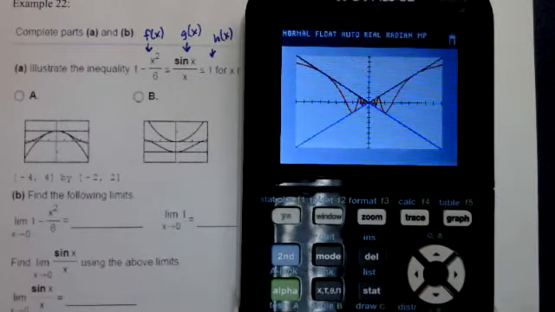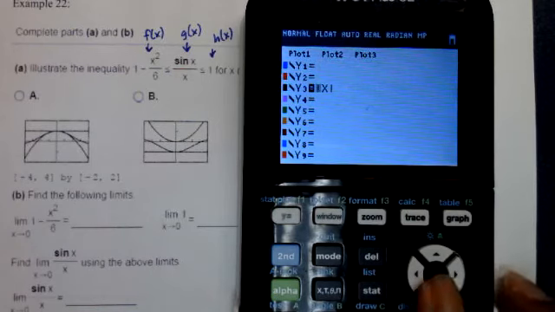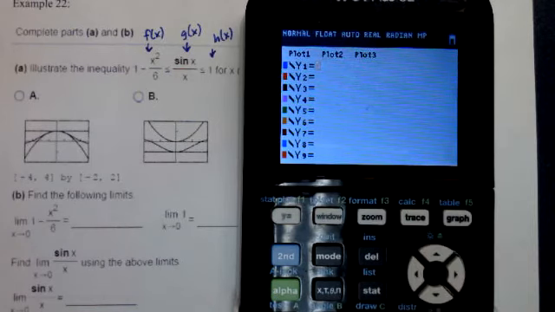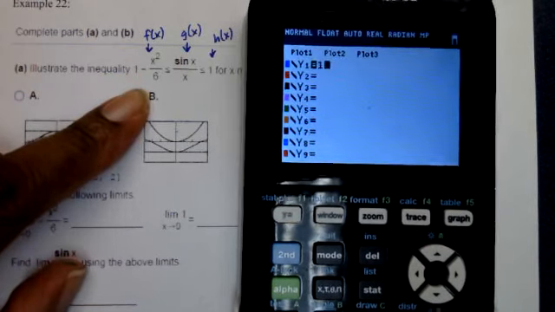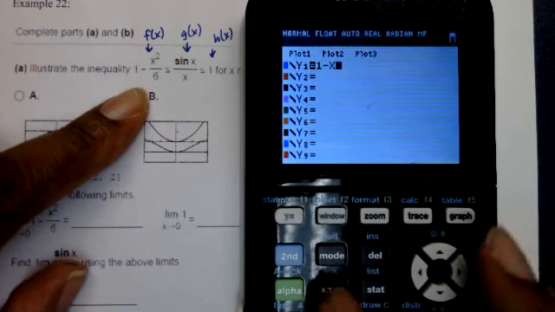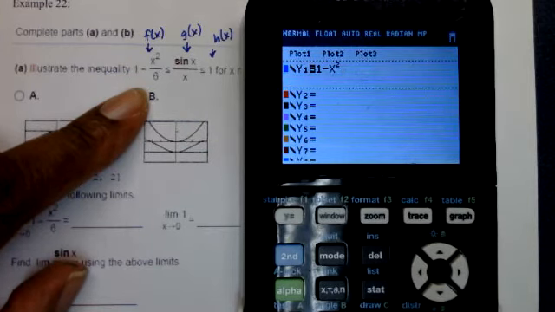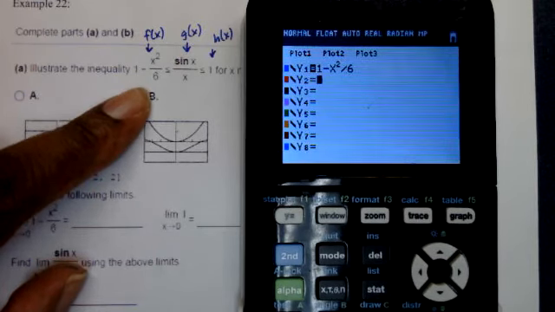So let's go to y equals and clear these equations out. In y1, I'm going to put 1 minus x squared over 6. So this will be 1 minus x, and then hit your x squared button, divided by 6. Go down to y2.